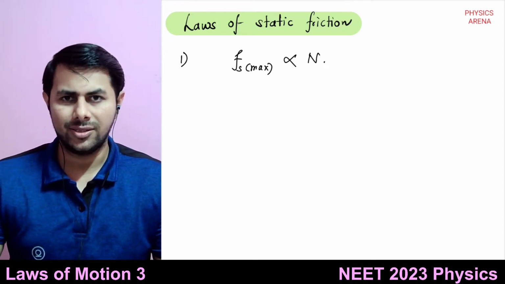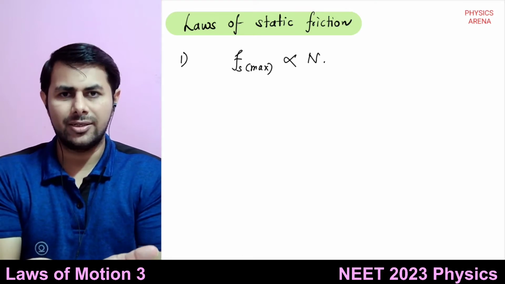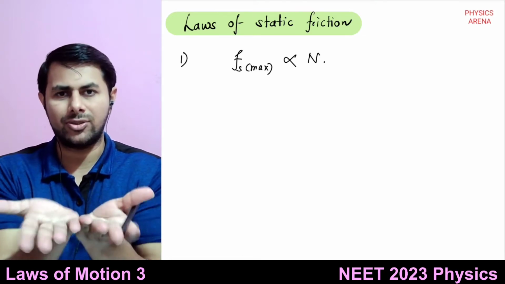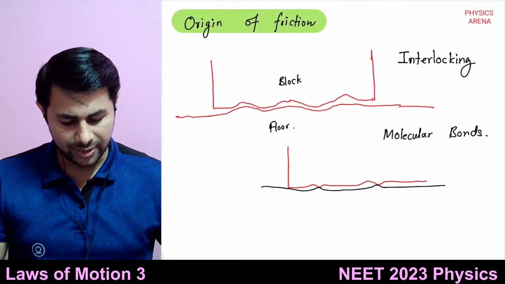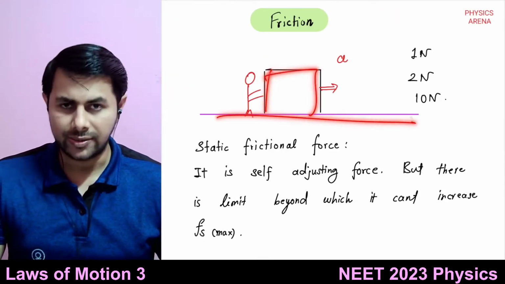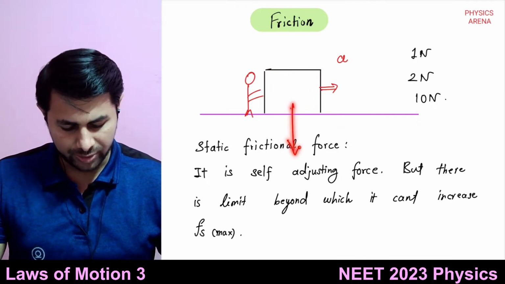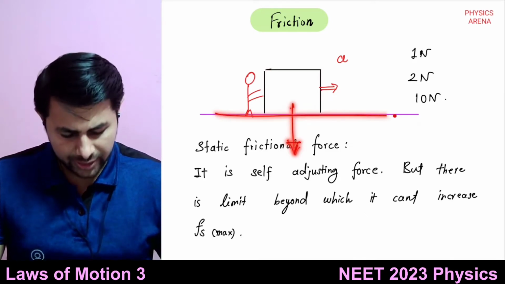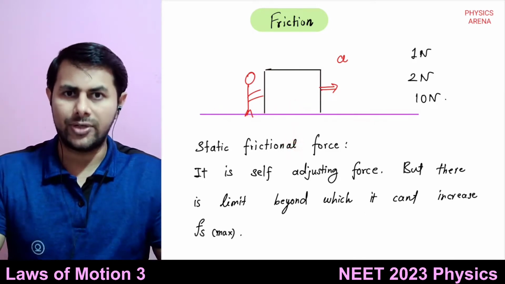Now we know what is normal reaction. Normal reaction is the force exerted by the surface which is perpendicular to the surface. If there is a body resting on a surface, the gravitational force will act downwards. This is the case where the floor is horizontal.